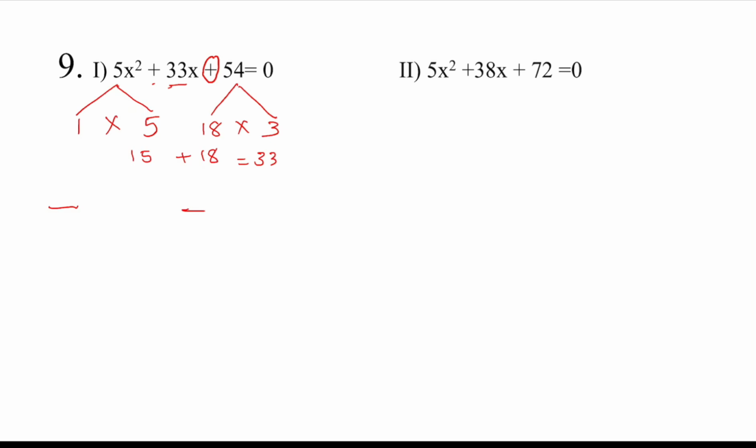Write the bigger number here, so it is 18 and 15, and divide by 5. You have to divide by 5 here and here, because x has a coefficient. So, let this be the answer here.